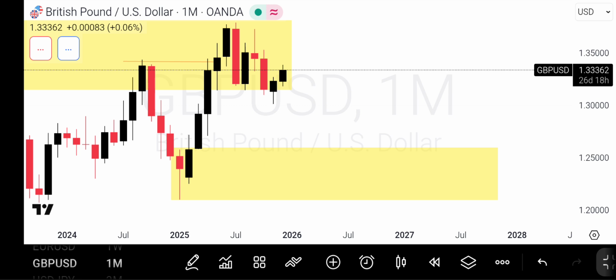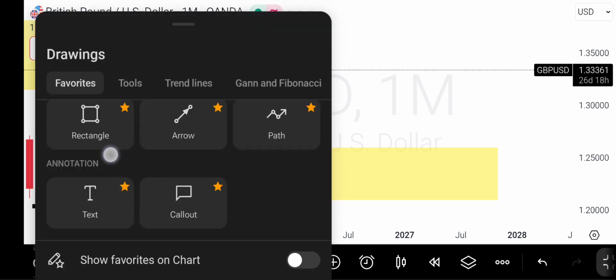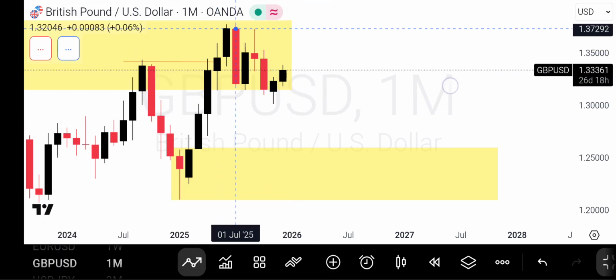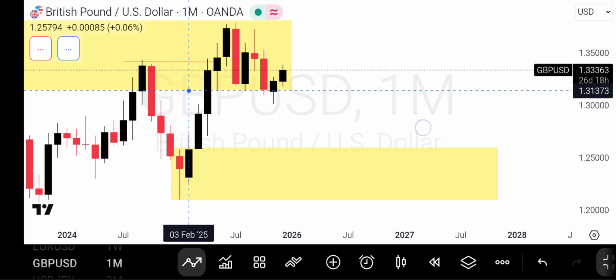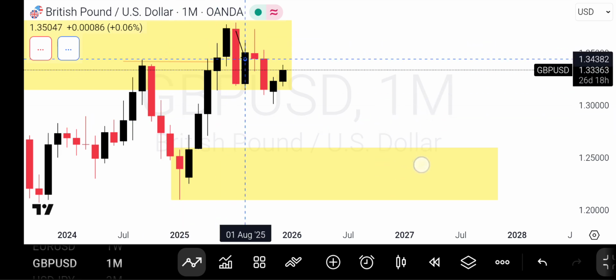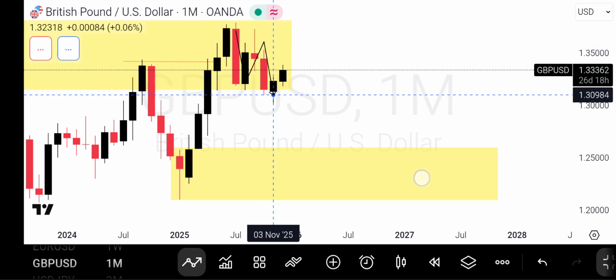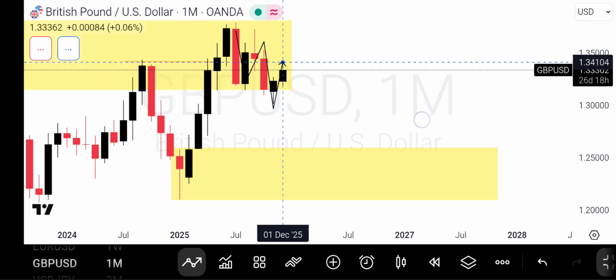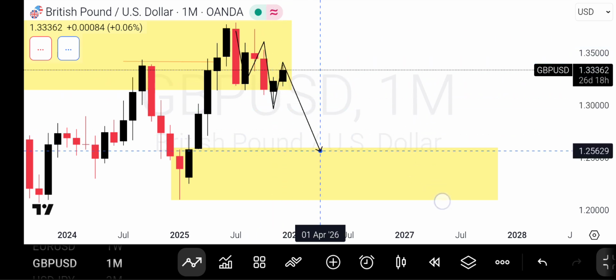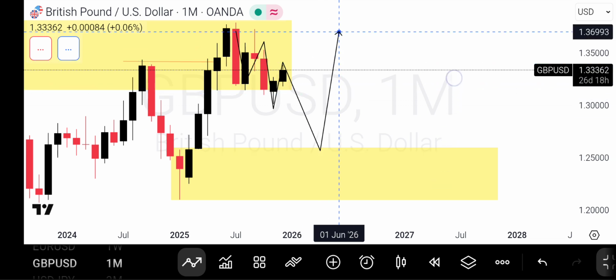Now, whenever there's a break of structure, there's also a correction and a continuation. That means we should be anticipating something like this: break of structure, correction, which is even happening now, probably into this zone, then we can take our continuation.